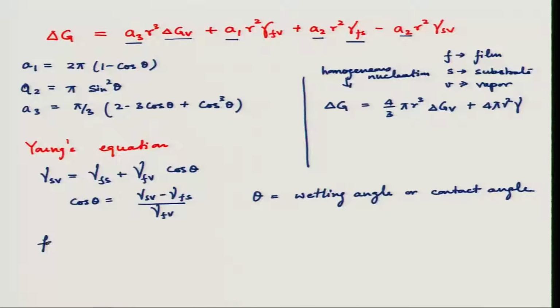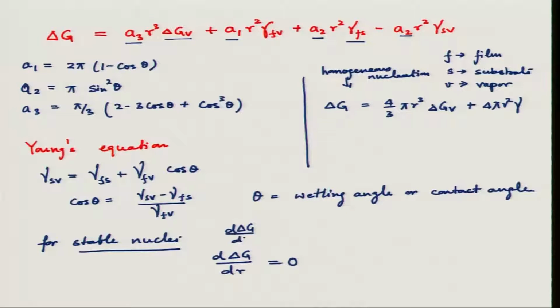For stable nuclei, d delta G over dr, the change in free energy, should be equal to 0, or less. So d delta G over dr should be less than 0. Free energy should decrease with increasing radius of the nucleus, then it will be stable.